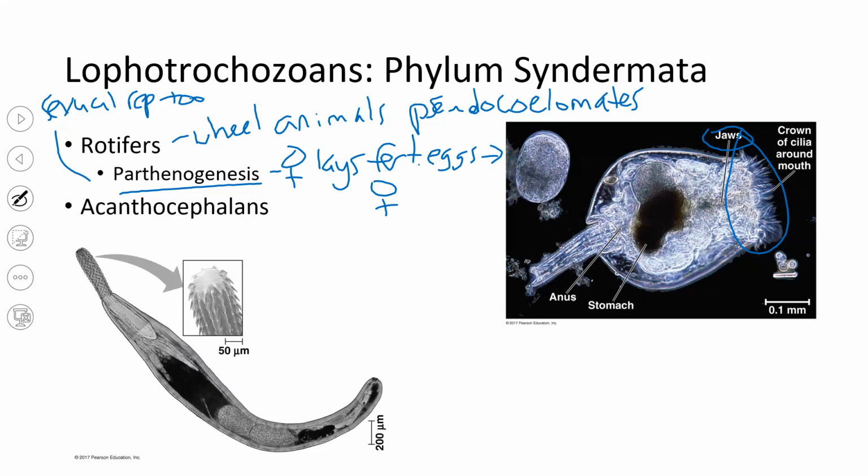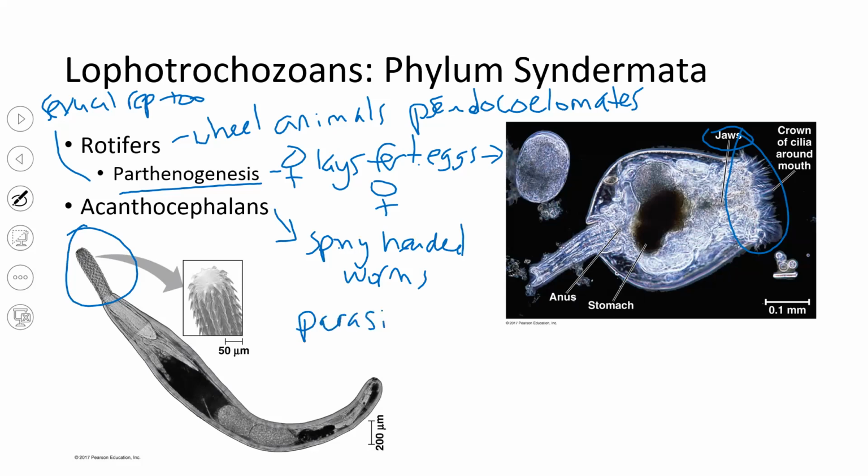We also are going to talk about very briefly Acanthocephalans, which are spiny-headed worms, referring to this end of the organism. These are parasites, as you can kind of tell because they look like parasites.